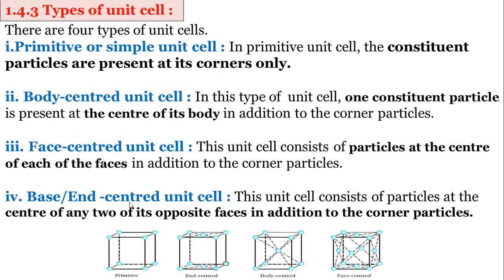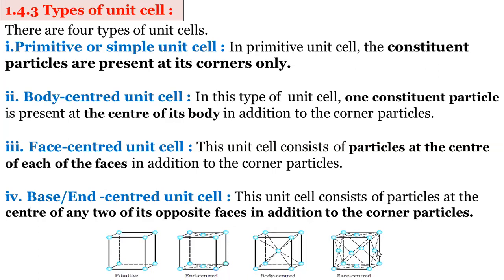This part I also explained yesterday, the types of unit cells. One is primitive, meaning all the particles are at the corners. Then body-centered unit cell, in which along with the particles at the corners, there is one particle at the center of the body. Then face-centered unit cell, in which along with the particles at the corners, there is one particle at the center of each face.